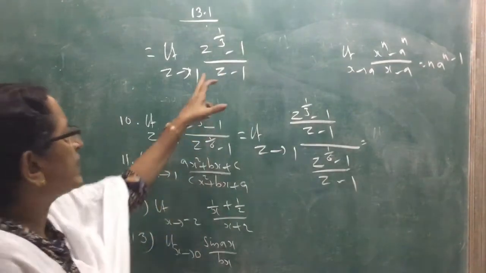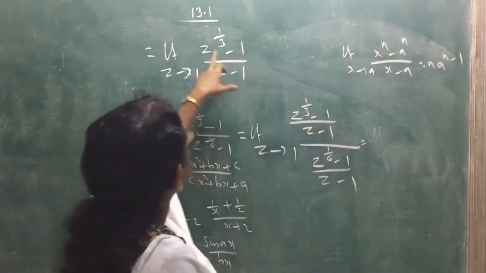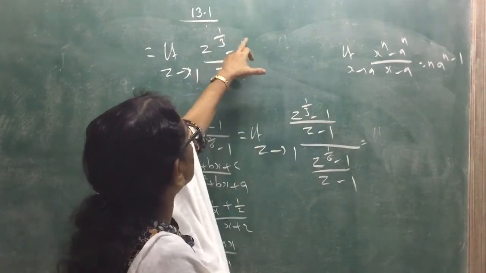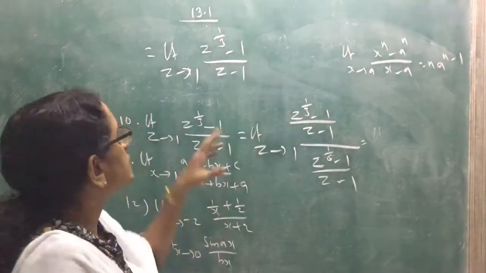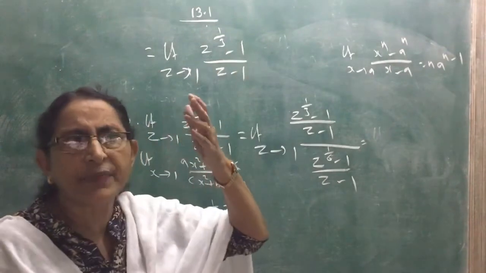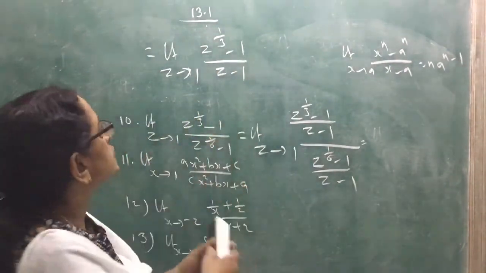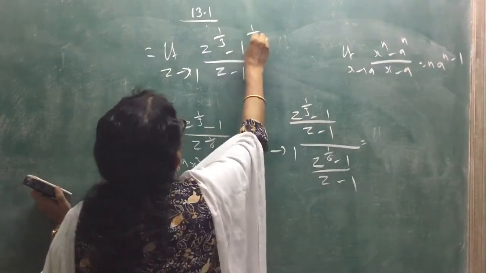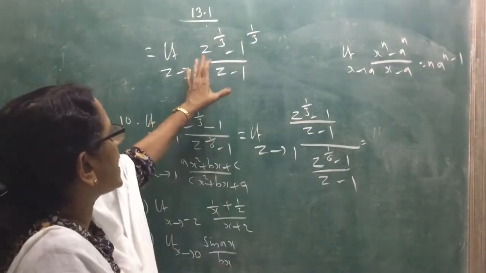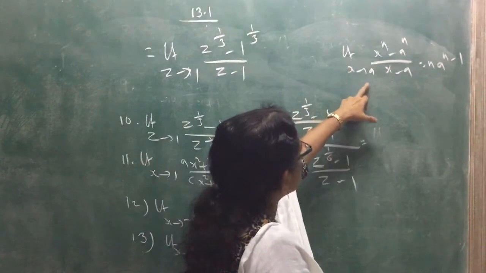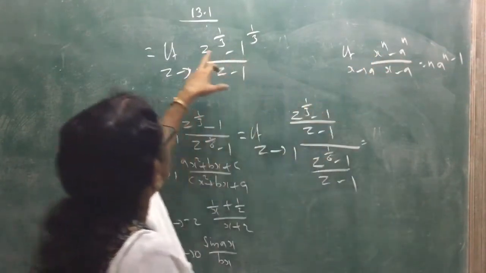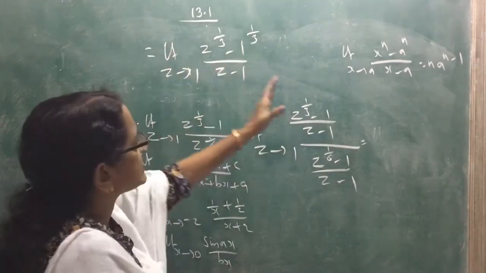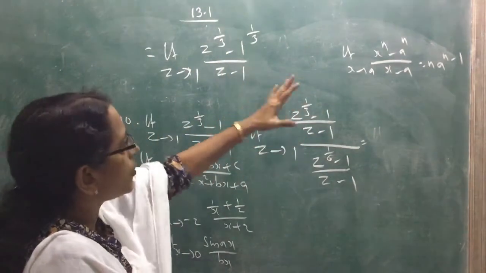See, when we compare with that form, z raised to n minus a raised to n, the power of z and the power of a should be the same. So here the power is 1 by 3. So this 1 can be written as 1 raised to 1 by 3, to become in that form: limit x tends to a, x raised to n minus a raised to n by x minus a. Now it is exactly in the form of that formula.